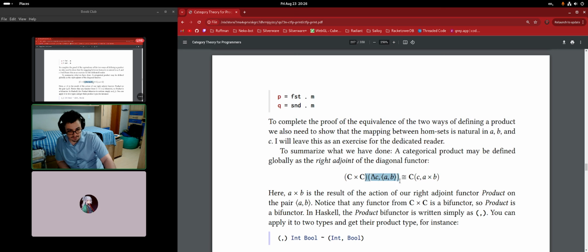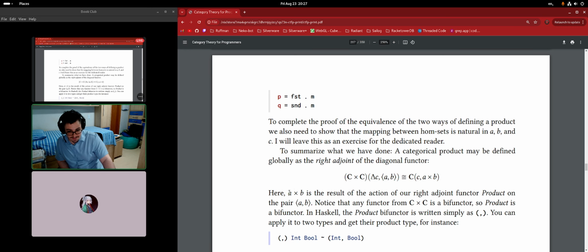This is a home set of morphisms in the category CC that goes from pairs of C's to pairs AB, and that's naturally isomorphic to all the M's available, which is C going into the pair. Well, actually, that's wrong. This is a pair. This is a product. They are both products, but they are products in different senses. That's just bad naming. I'm going to avoid that.